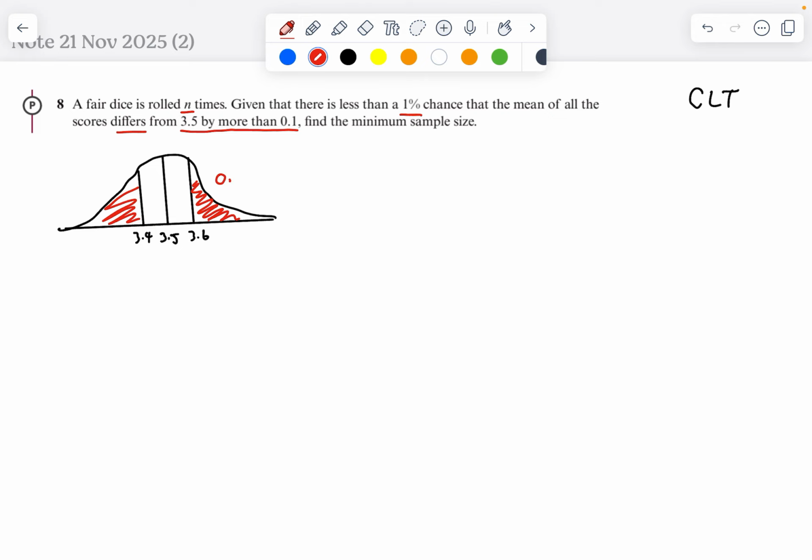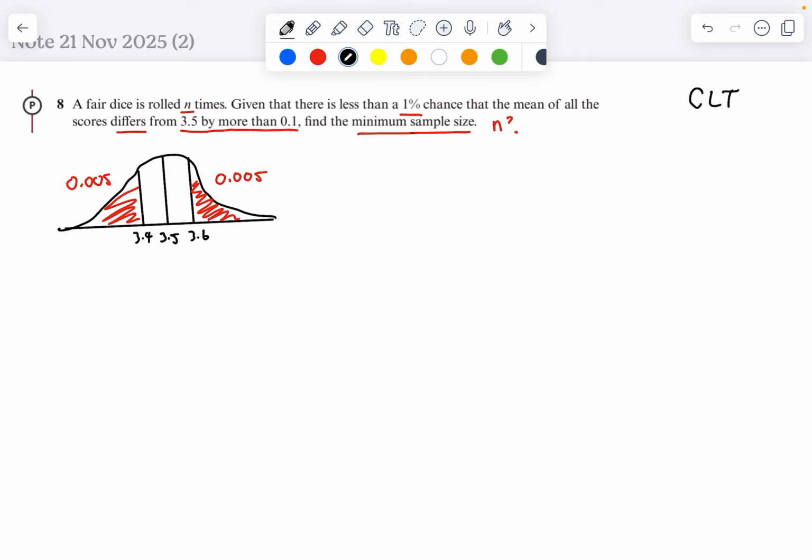So basically this part is going to be 0.005, and this is going to be 0.005 to give us our 1% chance. Right, but we need to find the minimum sample size because we don't know what n equals.